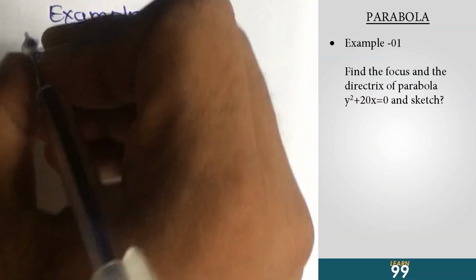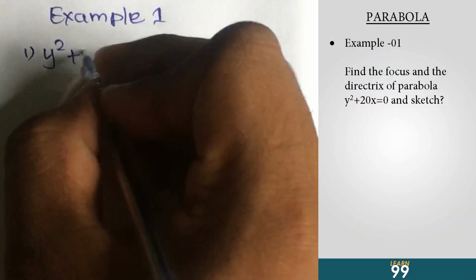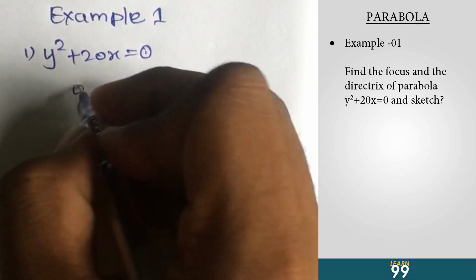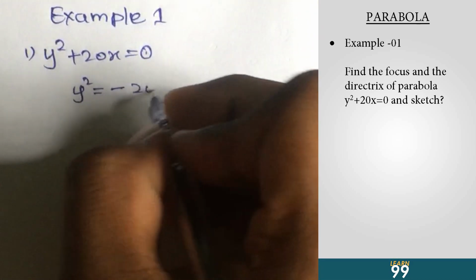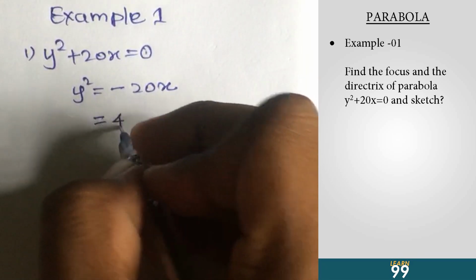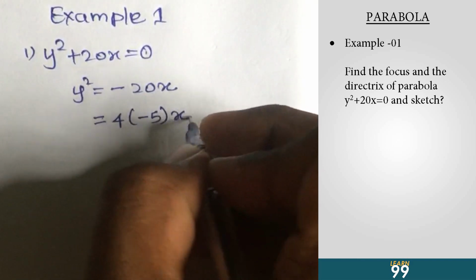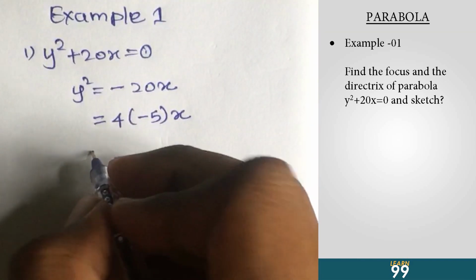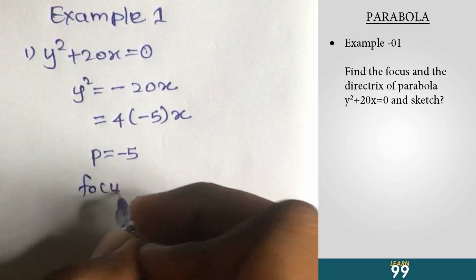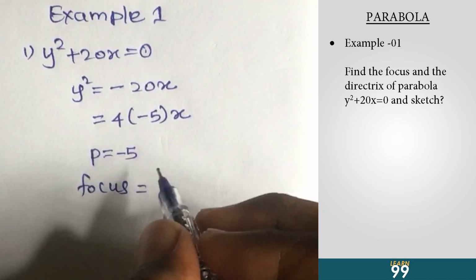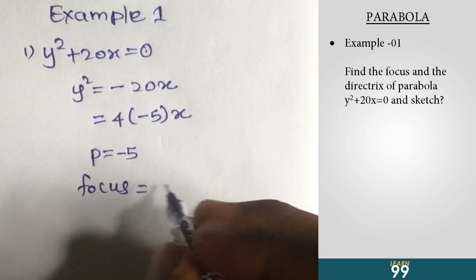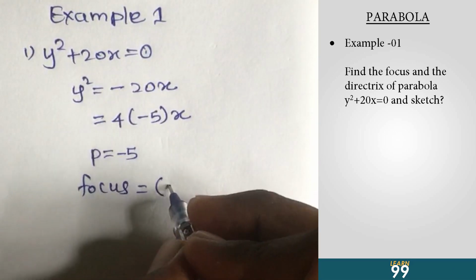First example, find the focus and directrix of the parabola whose equation is y squared plus 20x equals zero, and also sketch the parabola. First of all, we have to find the focus. How to find the focus? Our degree of y is squared and the degree of x is 1.